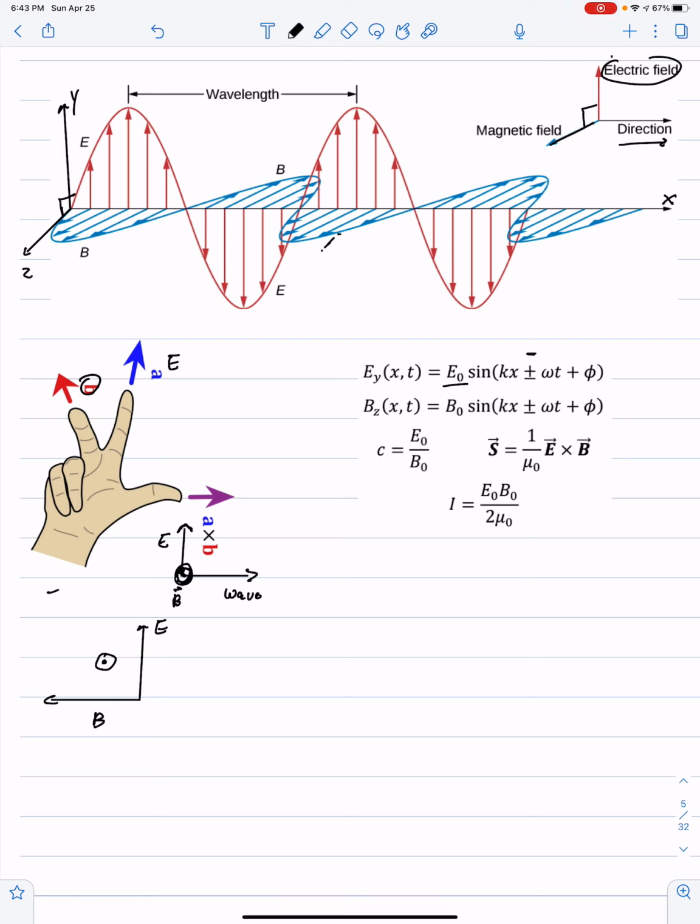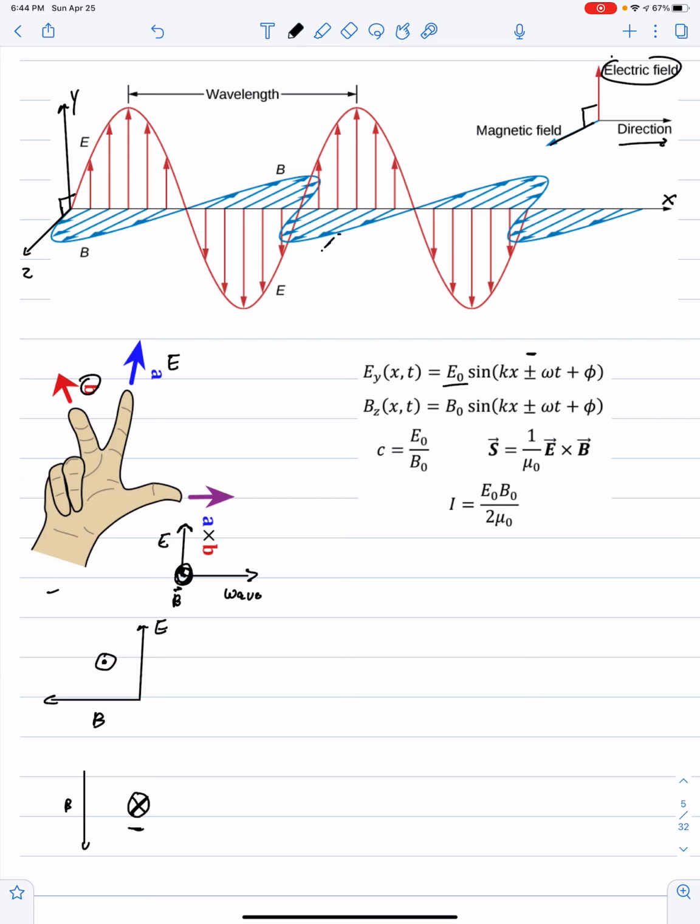So let's do another practice. Let's say that we have identified the magnetic field and we have identified the direction of the wave. Now we have to identify the electric field. So this right here represents that your direction of the wave is pointing into the page.